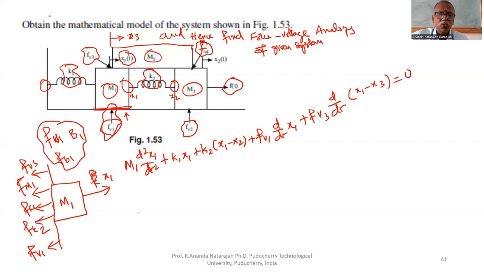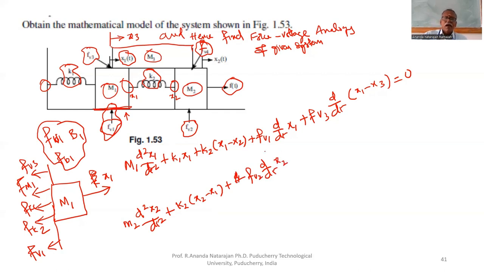Similarly, if you write for M2: M2 d square x2 by dt square plus, because of K2, K2 times x2 minus x1, because of FV2, FV2 d upon dt of x2, plus because of FV4, FV4 d upon dt of x2 minus x3.